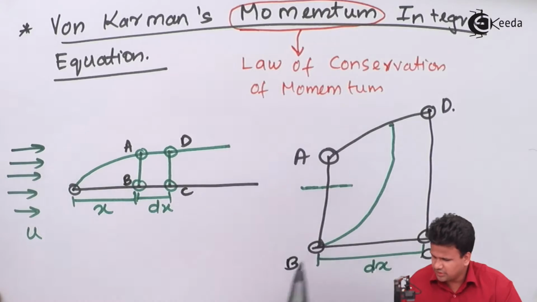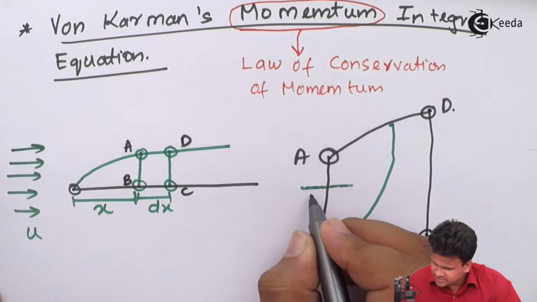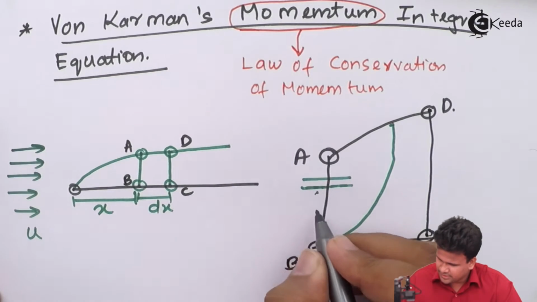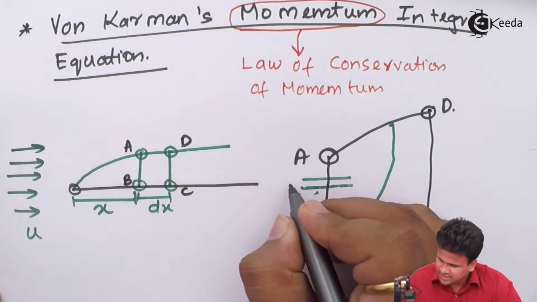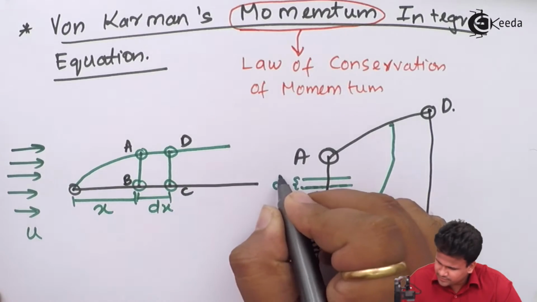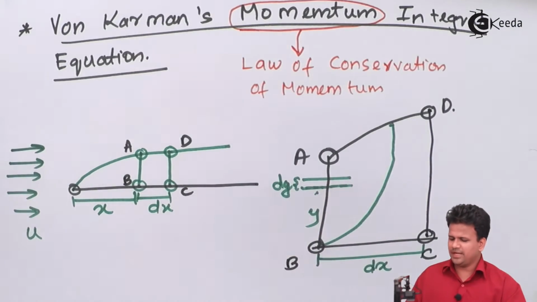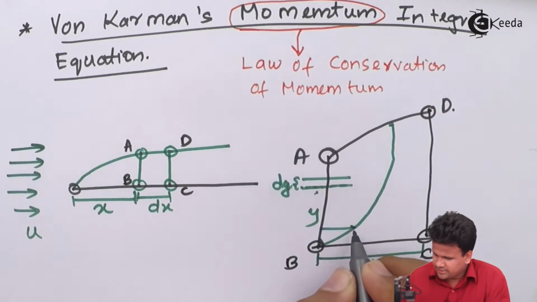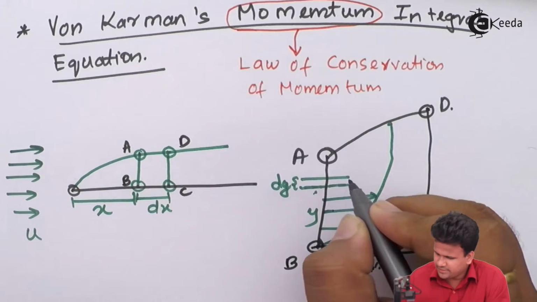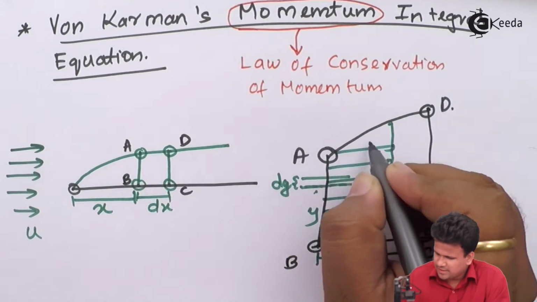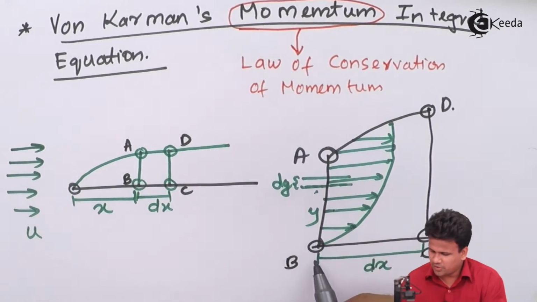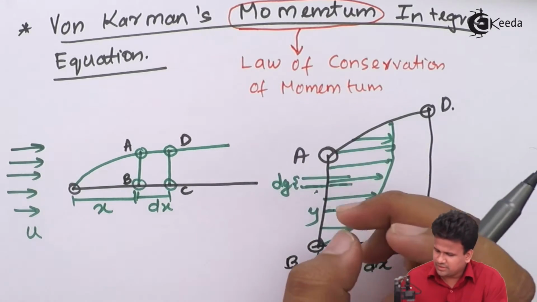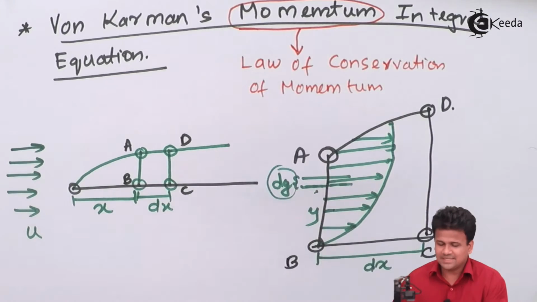So the velocity gradient will look something like this, and at a distance of y from the solid surface, we will take this small value dy, that is a small thickness dy in this boundary layer. So here this will be the velocity gradient, but as we see, the velocity is increasing from y equals 0 to y equals delta, where the thickness of this entire strip is given as dy.